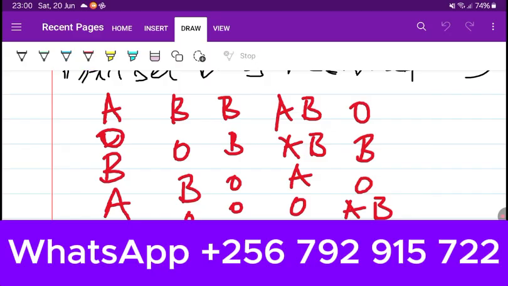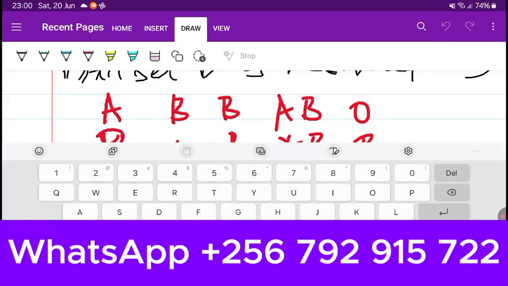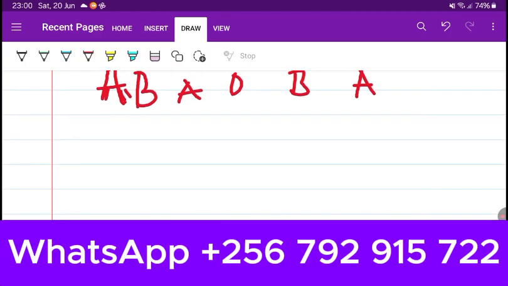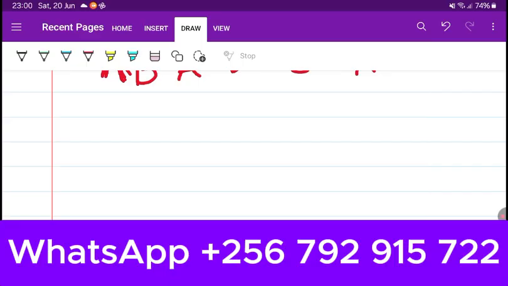And the question is, construct a frequency distribution for the data. Hope you have copied the data.